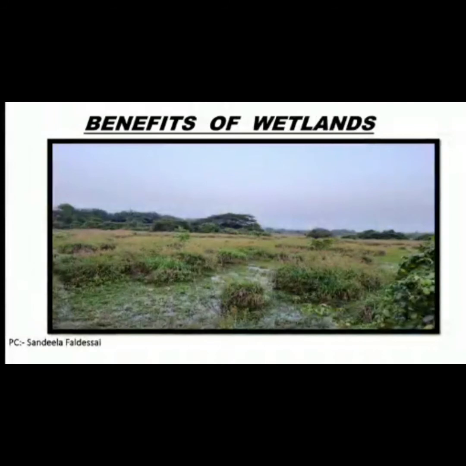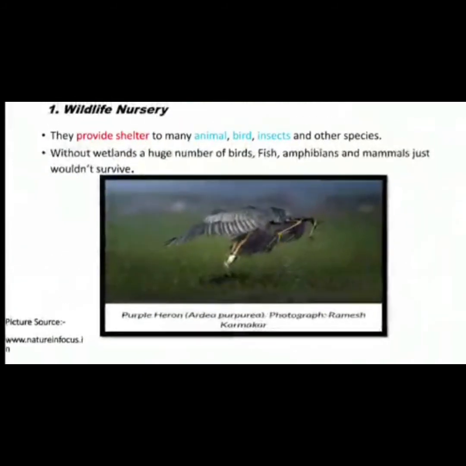Benefits of wetlands. Wildlife nursery. They provide shelter to many animals, birds, insects, and other species. Wetlands are nurturing habitats for many species, such as fish, birds, etc. There is an entire food chain supported by each other.